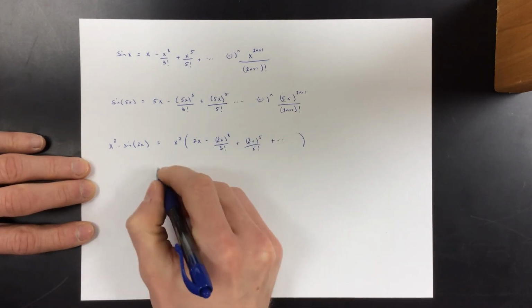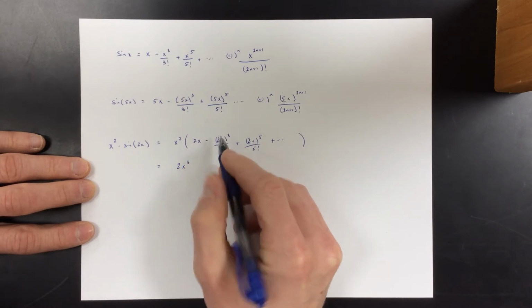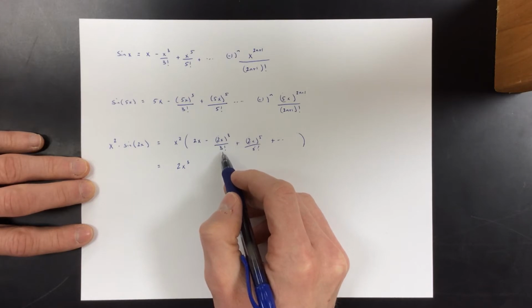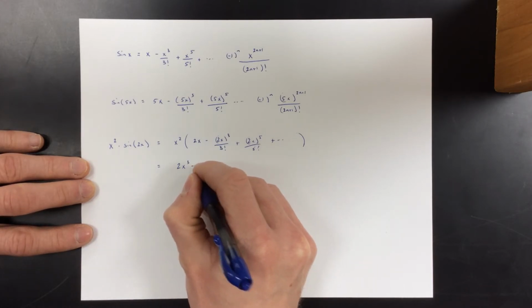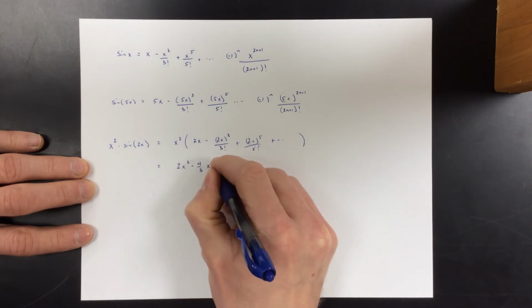And then I can put that x squared in. Let's distribute this. So this is going to be 8x cubed over 6. So 8 over 6 is 4 thirds, and that's x cubed, so that's x to the 5th.